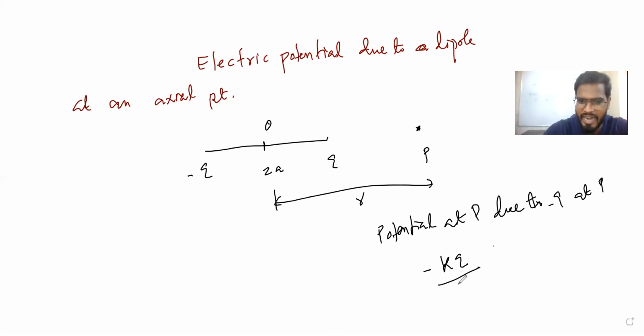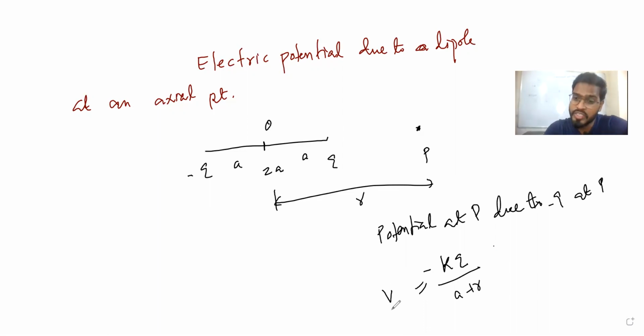Here the distance is a plus r. Arey haan, this is the distance. O is the center, so this is also a, this is also a, so this is 2a. We can say a plus r. From here to here is a. Correct only, no? So the potential is this.